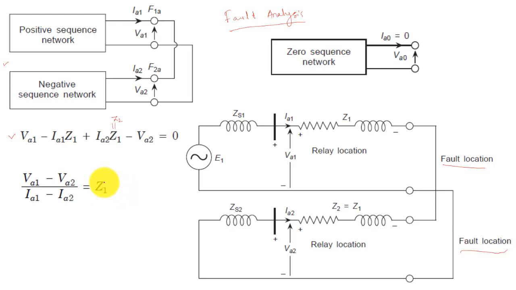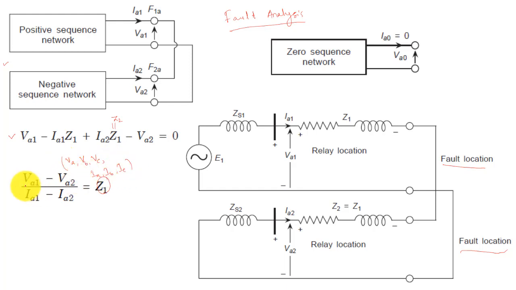Our purpose is to find Z1 in terms of the sequence parameters, and we will convert these sequence parameters into the phase parameters. How will we convert them? Just by substituting VA1, VA2, IA1, IA2 in terms of VA, VB, VC, IA, IB and IC.